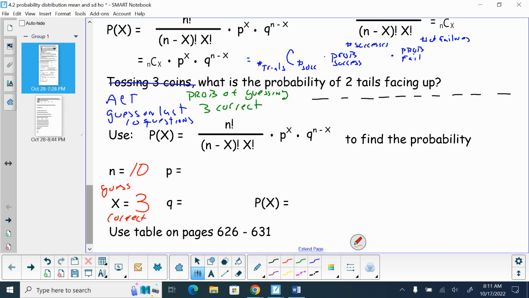So the number of successes that we want is 3. The probability for success we established up above: a 1 out of 5 chance, or a 20% chance. Probability for failure we established is 4 out of 5, which is 0.80 or 0.8.